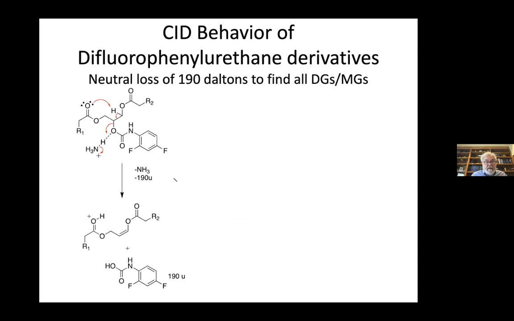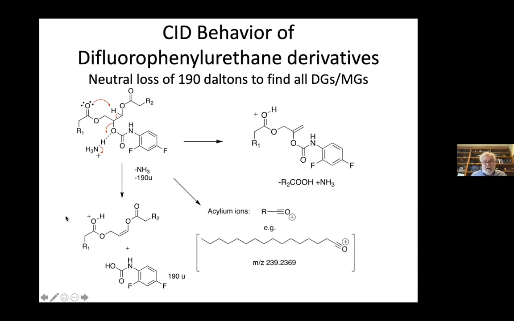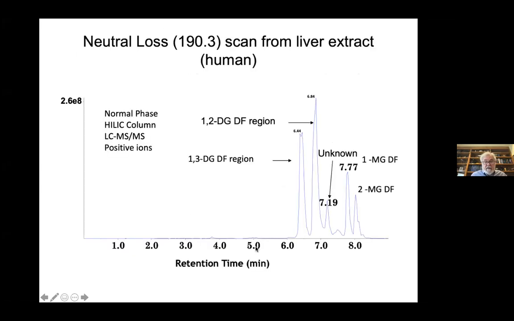And it decomposes by losing, of course, ammonia and then the diphenolurethane derivative as an acid. Or it could also lose either one or the two acyl groups, and you can also form acylium ions out of this. And when you do normal phase separation of these, you get an added benefit of very nice separation of 1,3 diglycerides from 1,2 diglycerides.